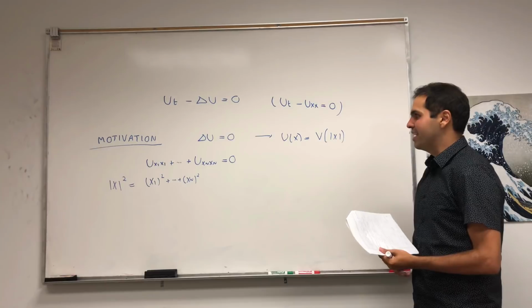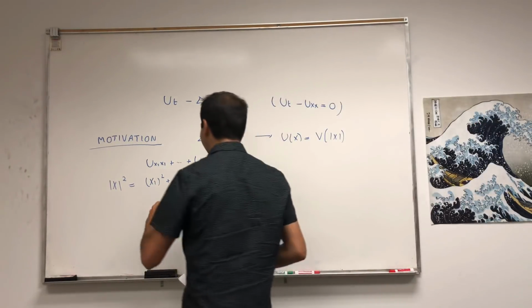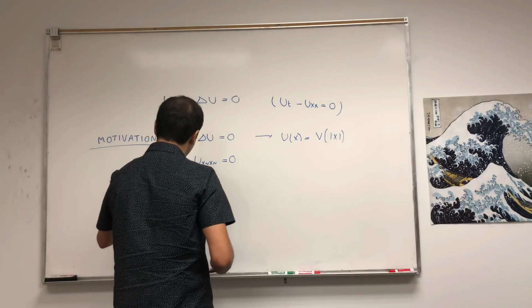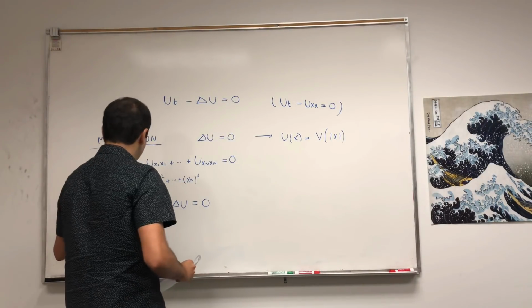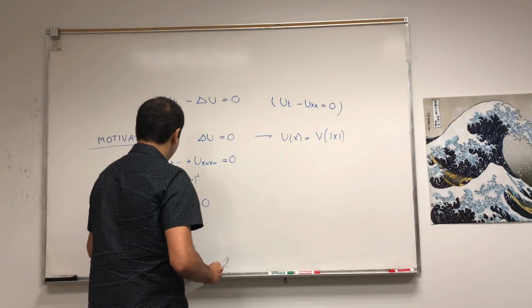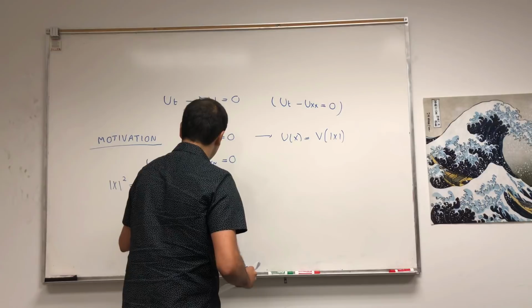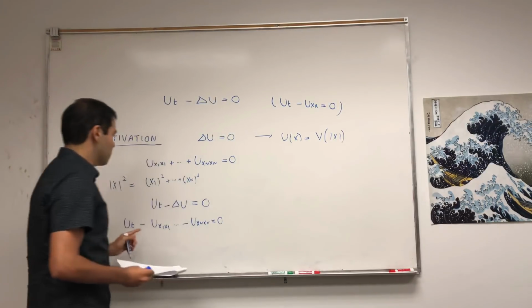That's completely fine. And here we want to do something similar. Again, it's a silly motivation, but u_t minus Laplacian of u equals 0. That's the same thing as saying u_t minus u_x1x1 etc. minus u_xnxn equals 0.